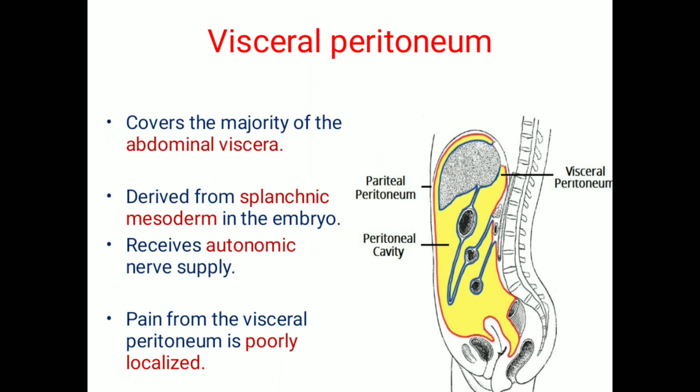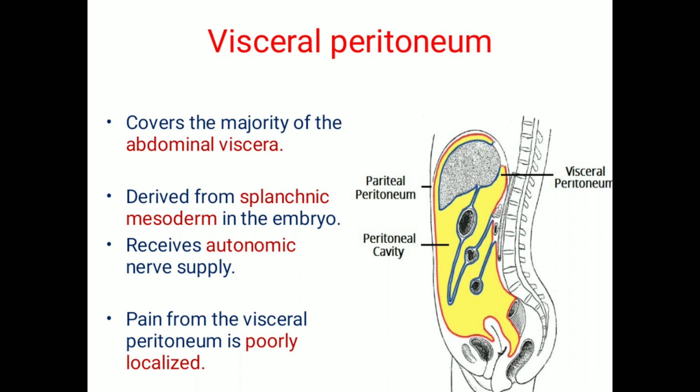Next is the visceral peritoneum. From the name itself, visceral peritoneum, it actually covers the majority of the abdominal viscera. It is derived from splanchnic mesoderm in the embryo.